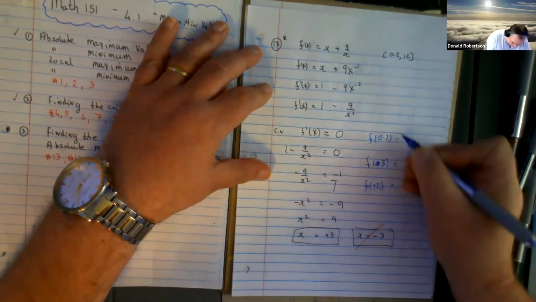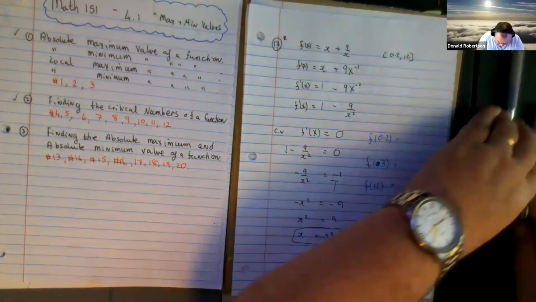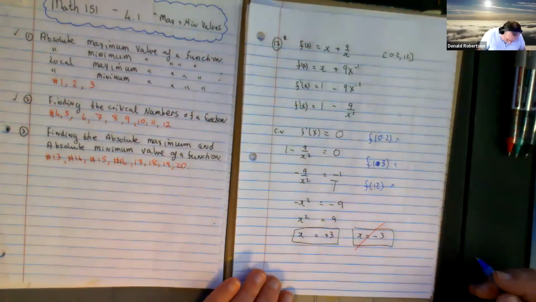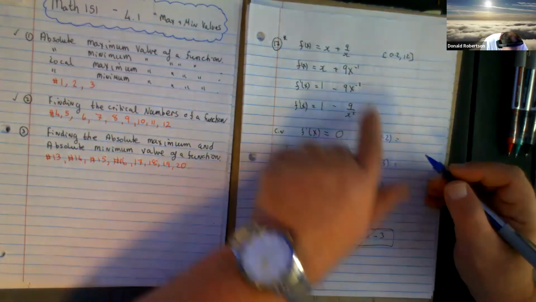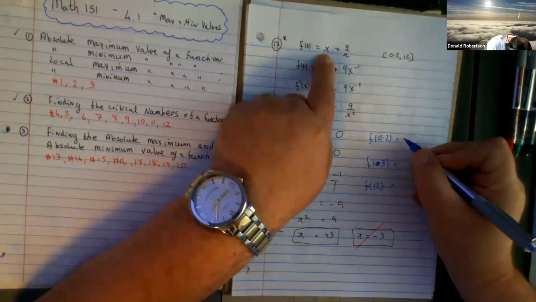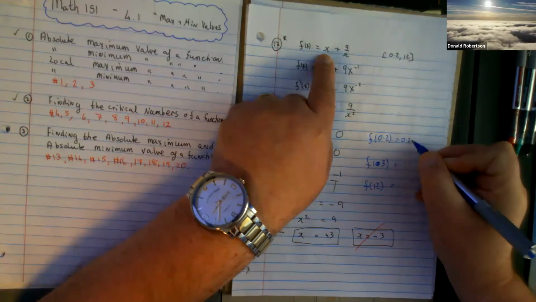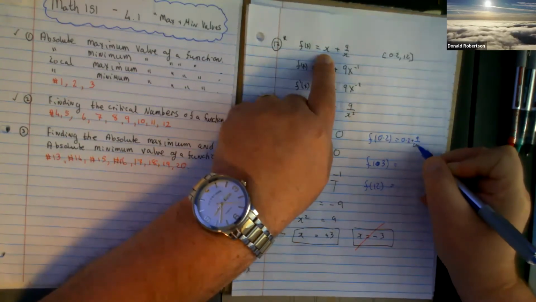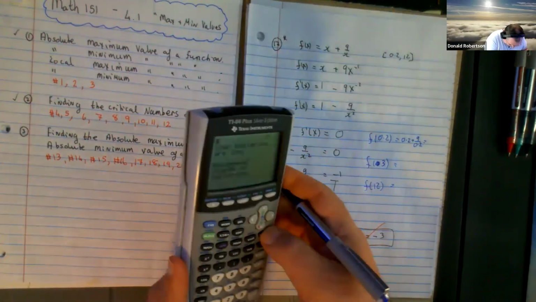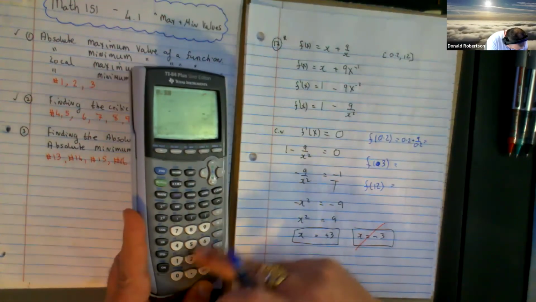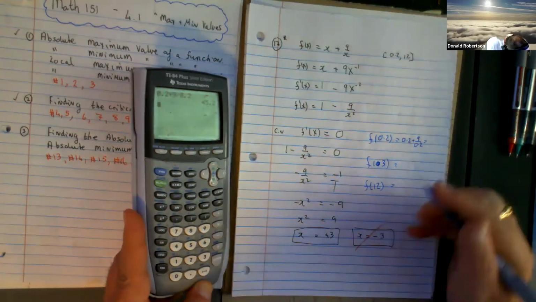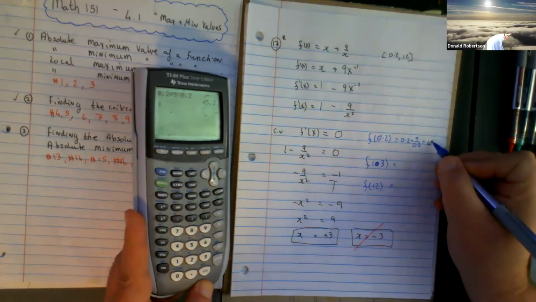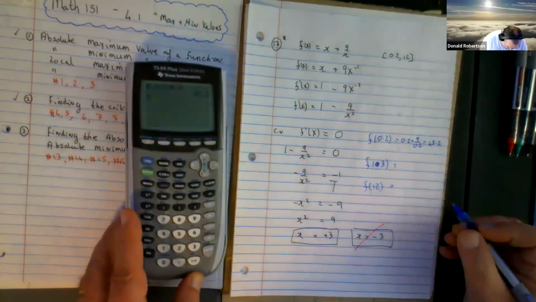And whichever one of these is the biggest, that's the absolute max, and whatever is the smallest is the absolute min. And you've got to remember we're doing it with the original function. So this is going to be 0.2 plus 9 over 0.2, which is definitely a calculator question. 0.2 add 9 divided by 0.2, and the answer I get is 45.2.